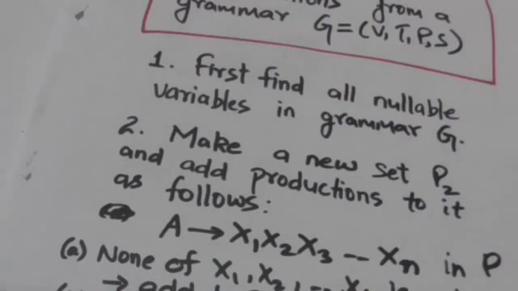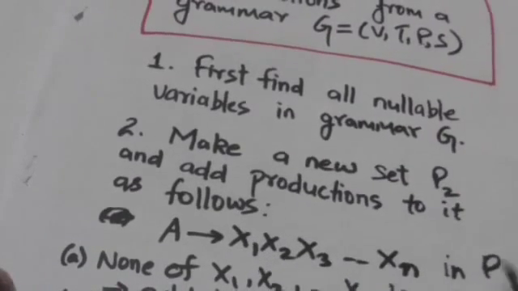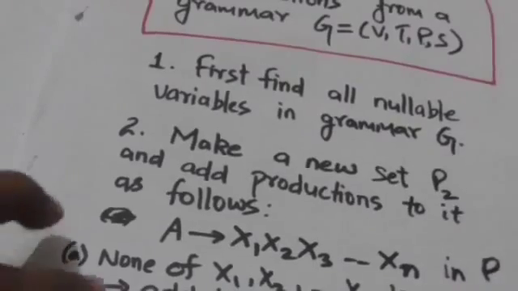After this, make a new set P2 and add productions to it as follows. We have to check each production of set P to add productions in set P2.